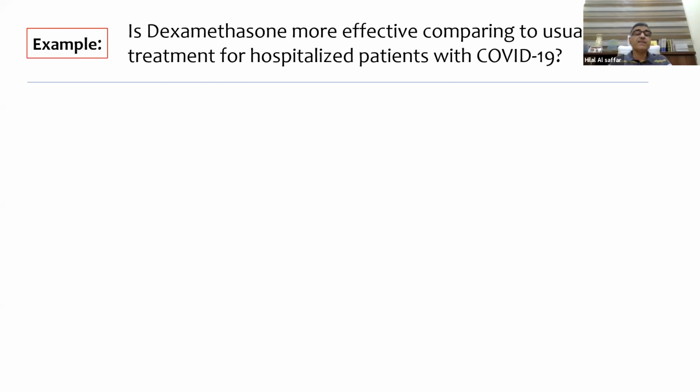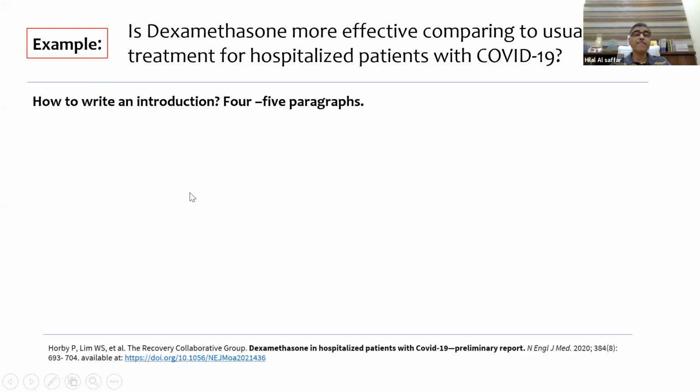Of course, this is taken from a famous study published in the New England Journal of Medicine. The recommendation to use dexamethasone for hospitalized patients with COVID, adopted as part of evidence-based medicine, is based on the result of this study.